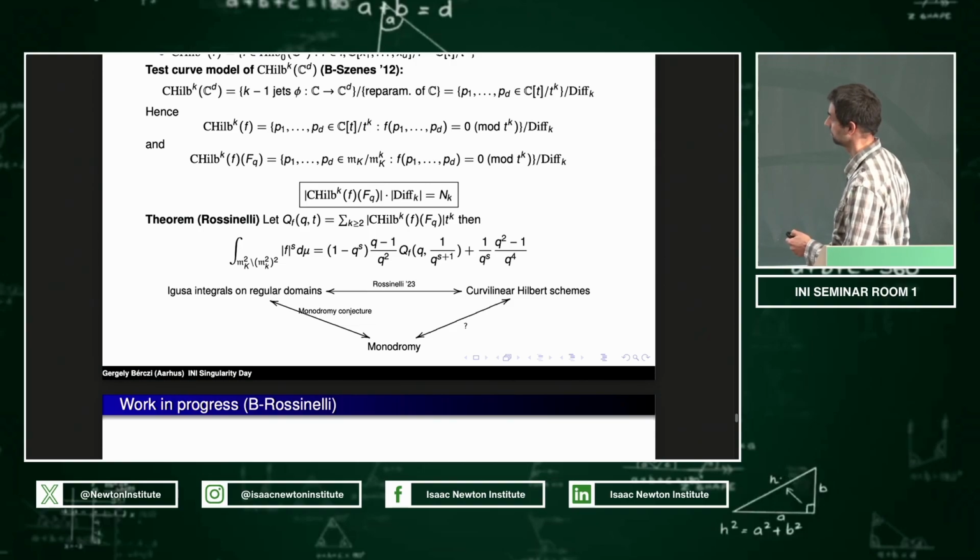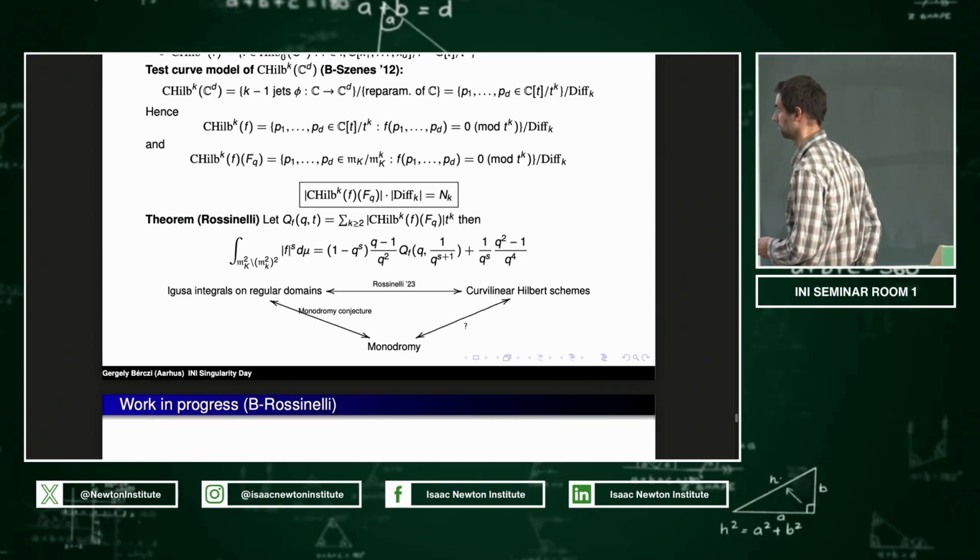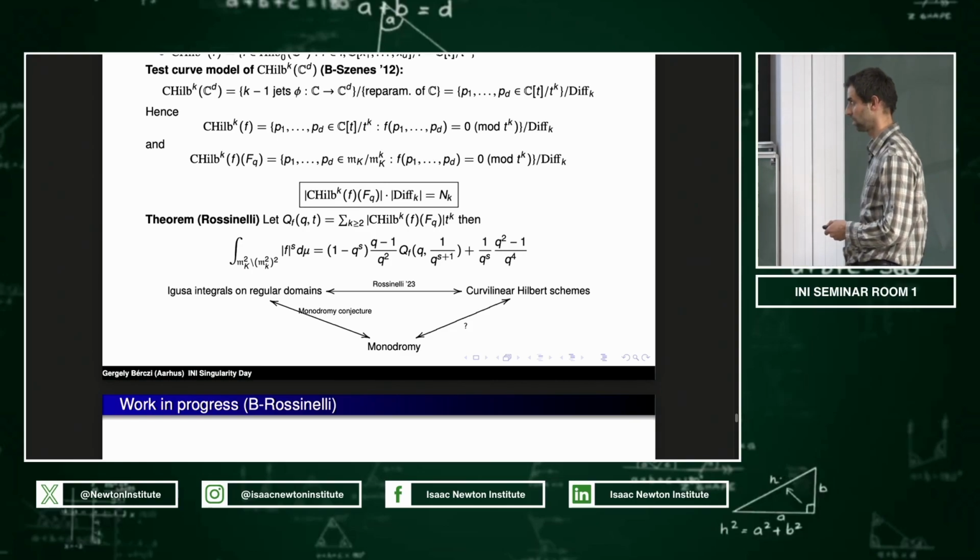Of course this is not precise: I want to take polynomials such that one of the p_i has non-zero linear term, and the same condition here, and that corresponds exactly to the curvilinear Hilbert scheme. On the other hand, this corresponds exactly to the regular p-adic domain.